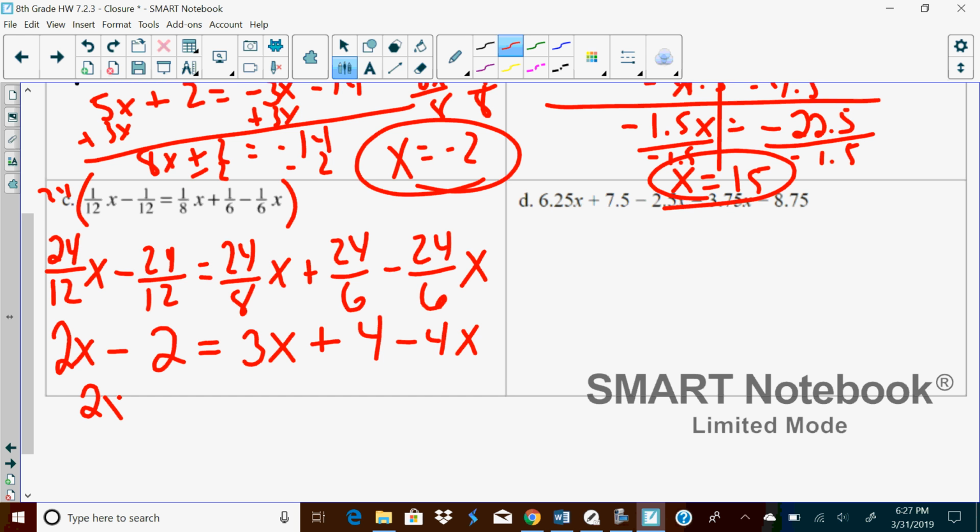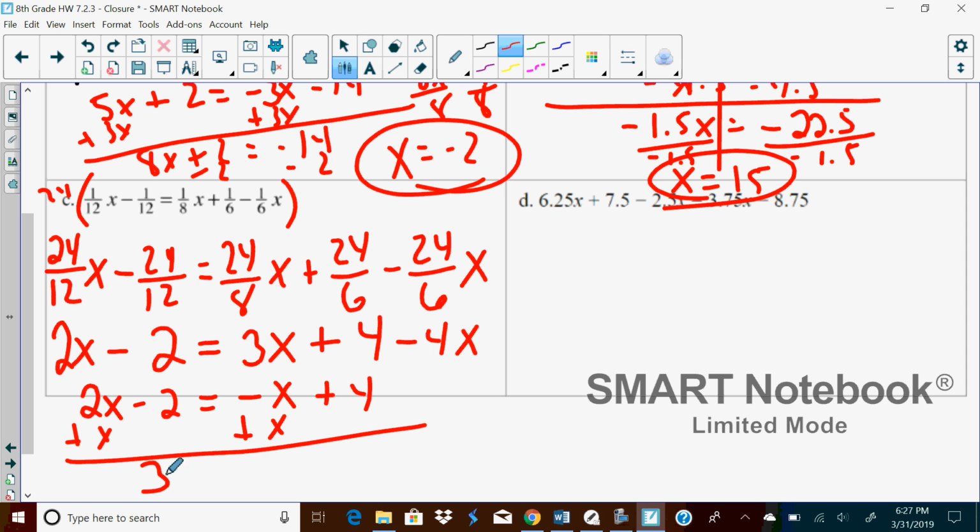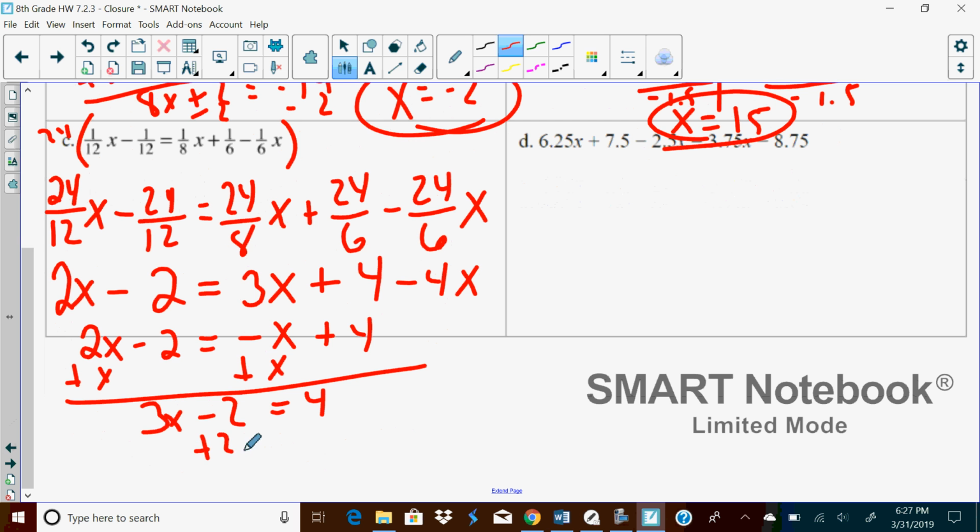So I got 2x minus 2 equals negative x plus 4. Ended up with 3x minus 2 equals 4. 3x equals 6. Divided both sides by 3. I ended up with x equals 2.